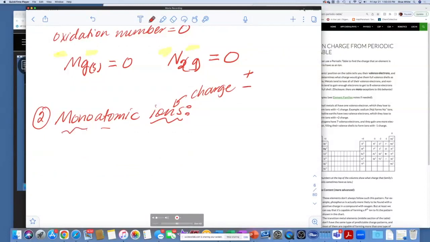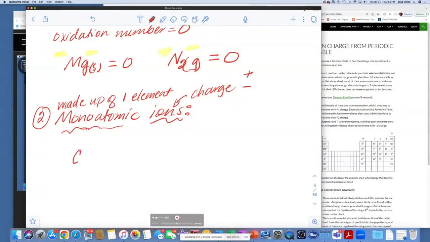And they're monoatomic, meaning made up of or consisting of one element. That's why it says monoatomic. So you have a species that has a charge, but it contains one type of element.